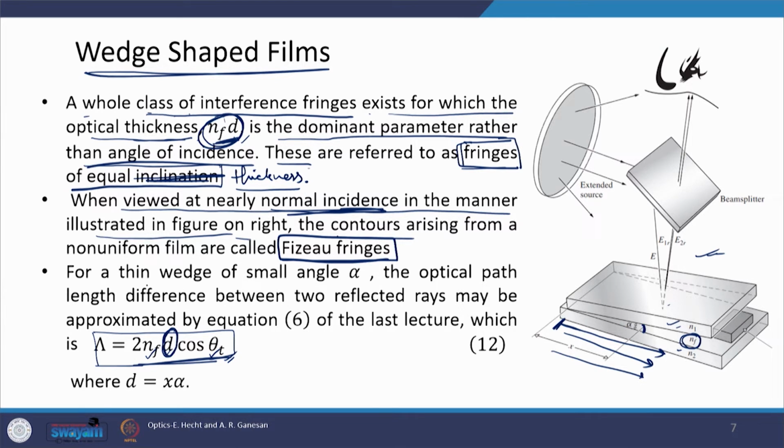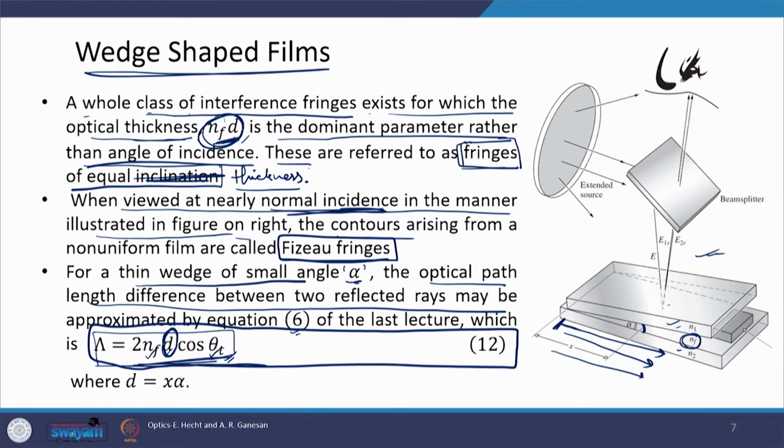Now, consider we have a thin wedge and the angle of the wedge is very small, which is represented by alpha here. Then the optical path length difference between the two reflected rays may be approximated by equation number 6, which we covered in the last lecture. Now, this equation says that optical path length difference is equal to 2 NFD cos theta t.